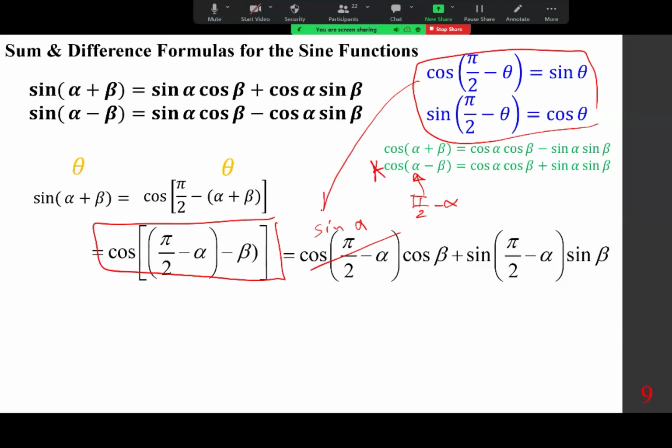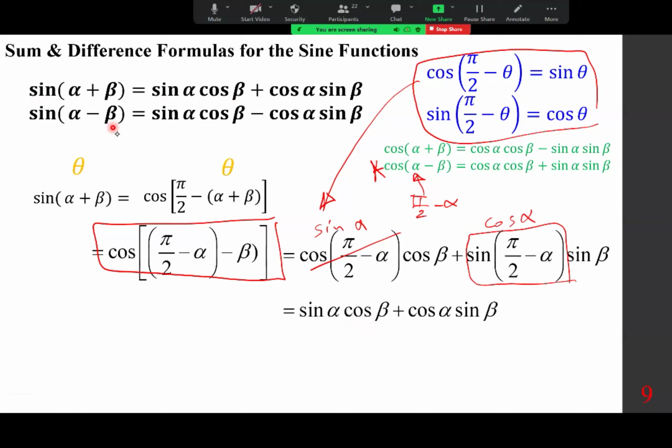Sine alpha. What about sine of pi over 2 minus alpha? Cosine of alpha. And therefore, sine alpha cosine beta plus cosine alpha sine beta, we proved that sine of alpha plus beta is sine of alpha cosine beta plus cosine alpha sine beta. We proved the first one.